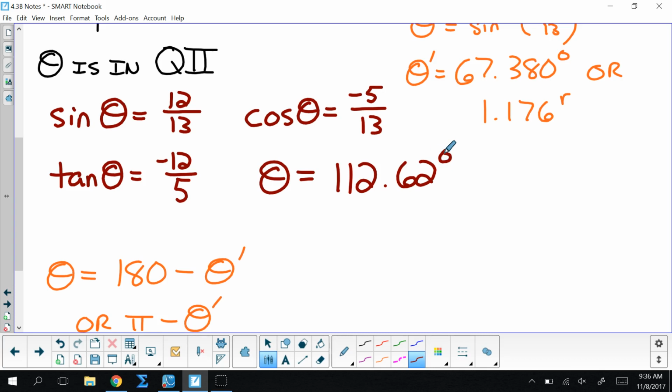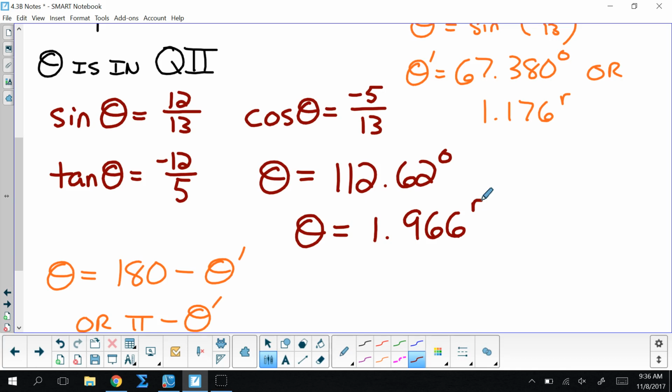Or if you're Nina, it's 0.6. Okay? In terms of radians, theta is going to be pi, so 3.14, minus 1.176, or 1.966 radians.